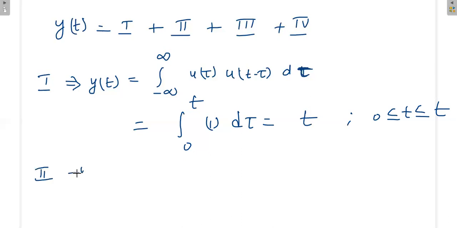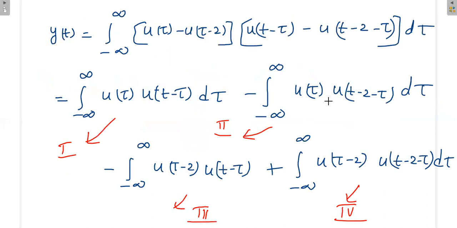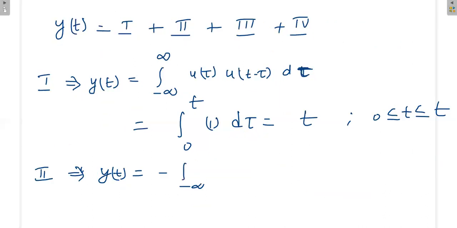For the second component, the second integral is minus the integral of this one. So minus integral from minus infinity to plus infinity of u of tau, u of t minus 2 minus tau d tau. If you see carefully, this is valid from 0 to infinity, and this is valid from minus infinity to t minus 2 minus tau.